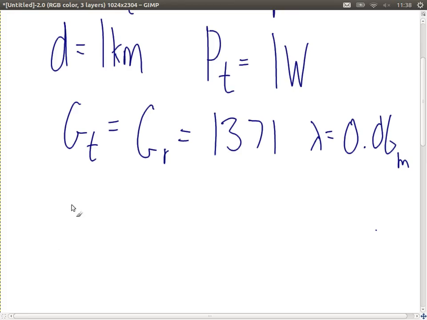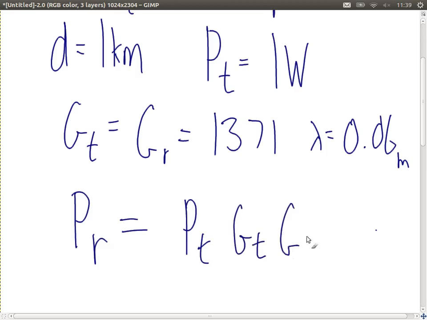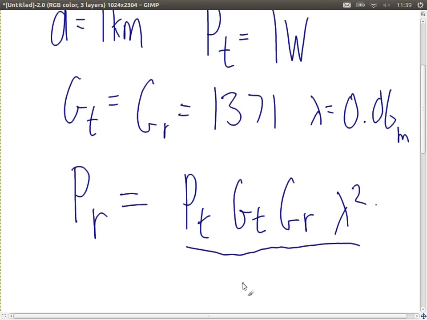If you rearrange, if you look at the slide, you get PR is the transmit power, PT, times the two gains, GT, GR, times lambda squared, divided by 4 pi d all squared.